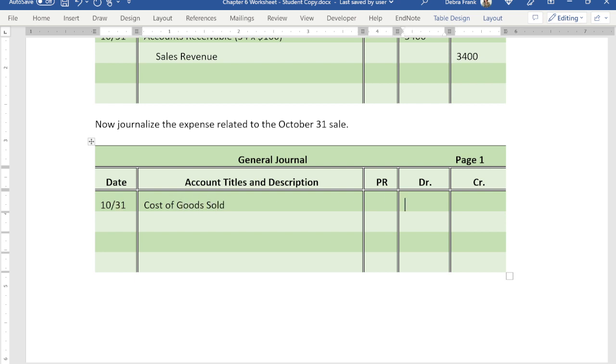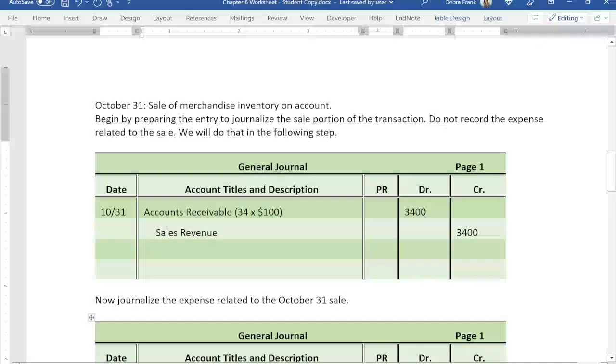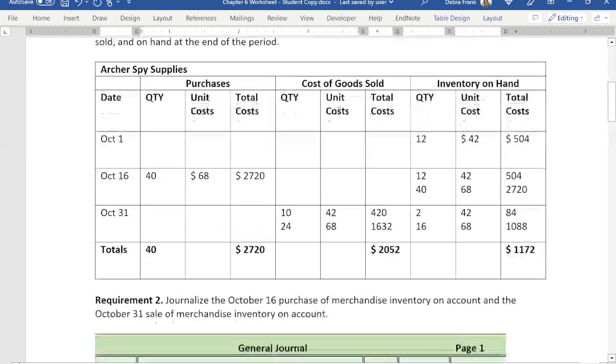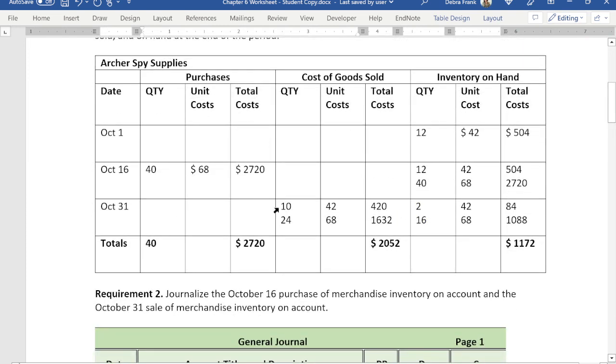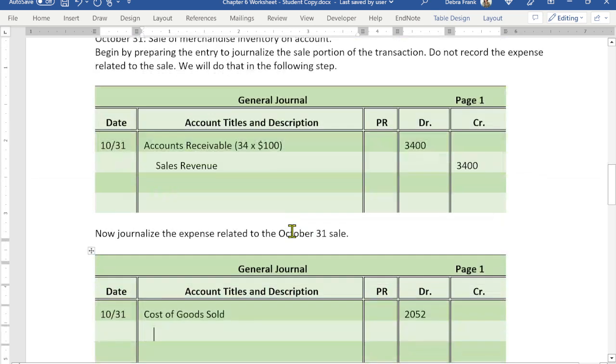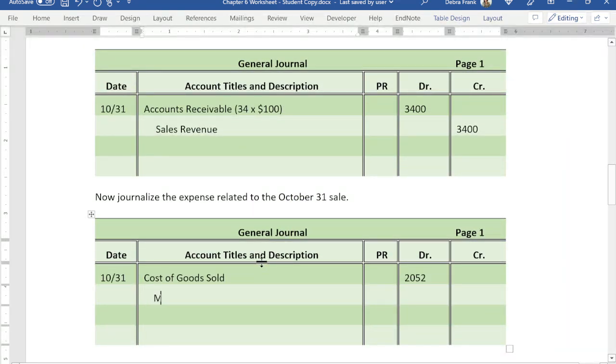And then we're going to say goodbye. We took them off our shelves. We don't have them on hand anymore. We only have 2 and 16. The 10 and the 24 left our shelves, so we have to decrease our inventory. We need to reflect that with our journal entry to show that $2,052 worth of inventory is gone.